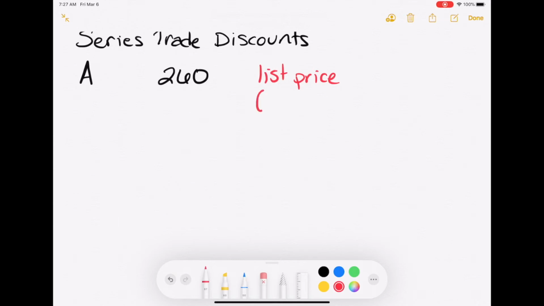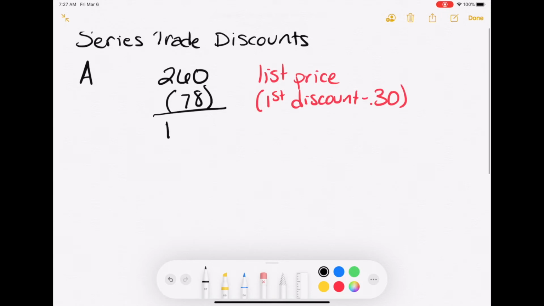So we're going to subtract out the first discount. So 30% of 260 is 78. That leaves us with a remainder of 182.